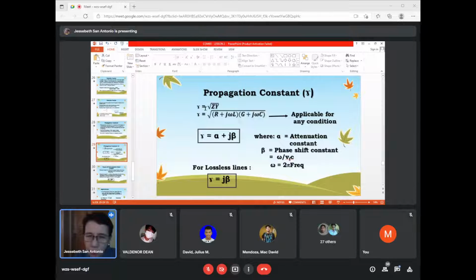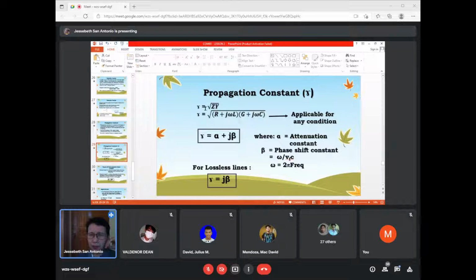Again, by changing or rather substituting the ones that we have obtained from the lossless line, substituting it here, we will arrive here, okay? Hindi ko na in-expound, so that propagation constant is equals to attenuation plus j beta.